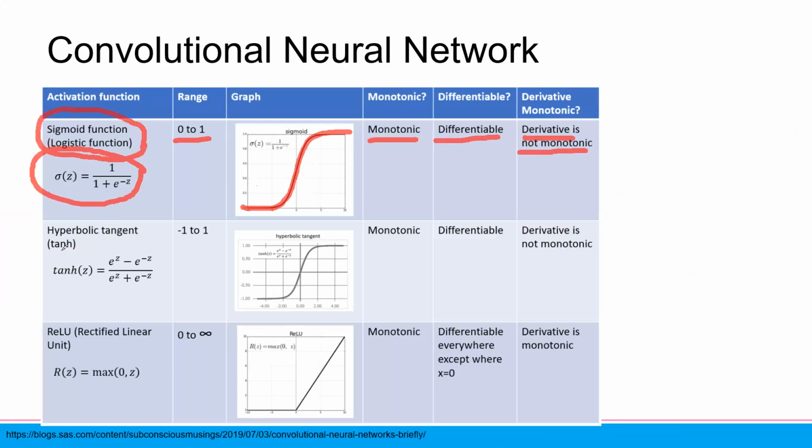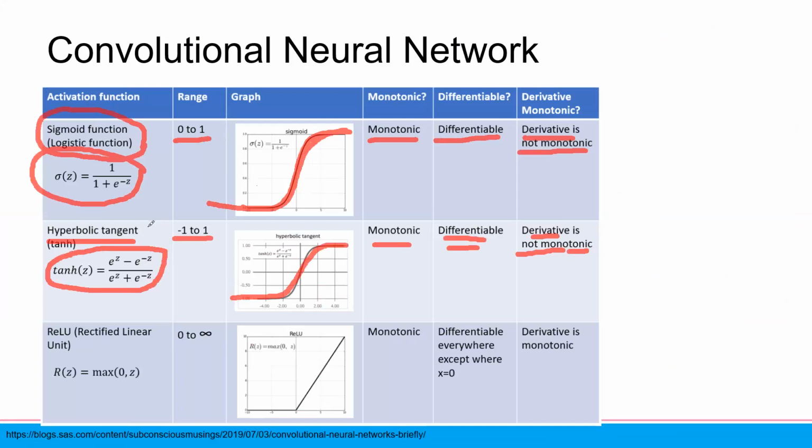There's another activation function, the hyperbolic tangent. It shows the range between -1 and 1, and this is the formula. It is the same as the sigmoid function: monotonic, differentiable, and the derivative is not monotonic. The result is similar to the sigmoid function, but the range is different.